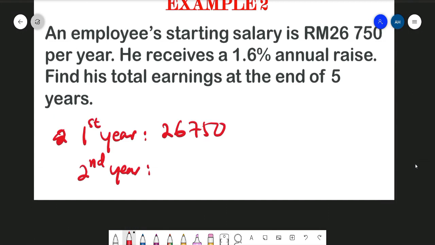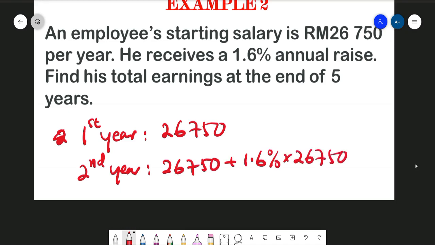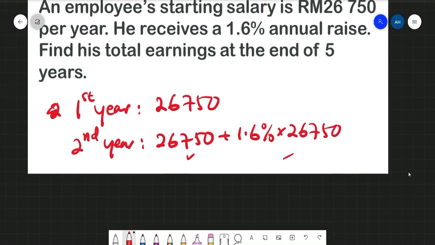During the second year, his raise is 1.6%, so 26,750 plus 1.6% multiplied by 26,750. We add these two numbers together, and we will get the earning in the second year.